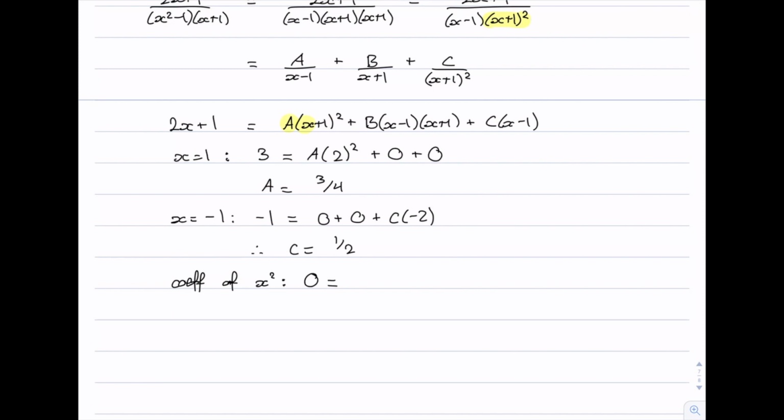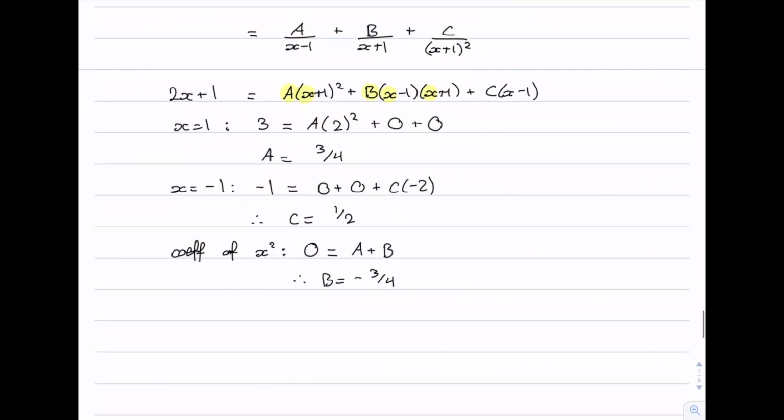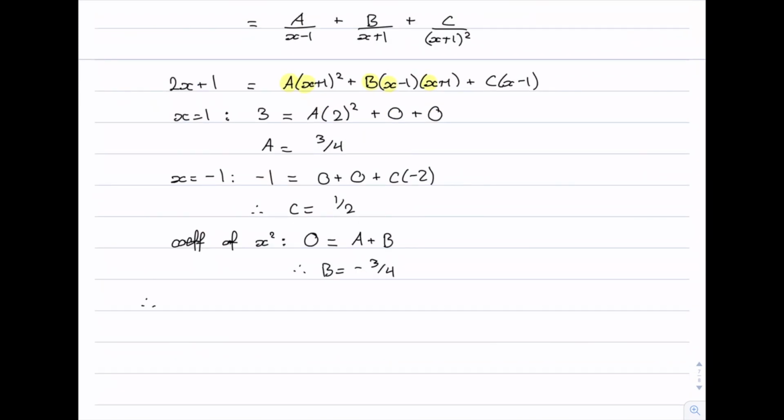So that'll be A times 1, which means we have a coefficient of just A. And we also get an x squared from B times x, which will be B times 1 as the coefficient, so plus B. So that means B is equal to negative A, and since A is 3/4, B is negative 3/4.